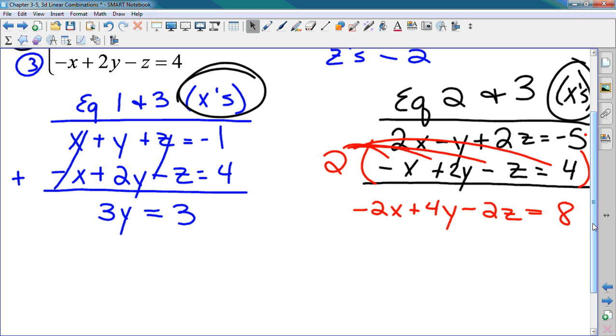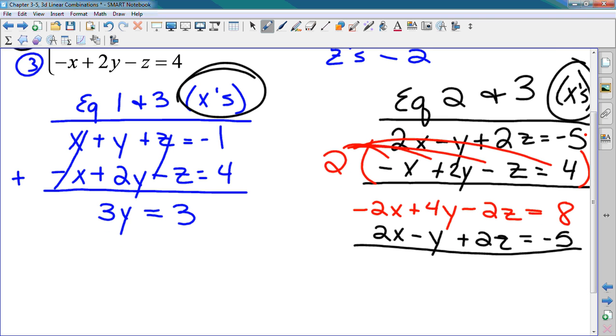Okay. So now I'm going to rewrite this equation since I have lines all over it, so that when I add it, I don't make a mistake. So I have 2x minus y plus 2z equals negative 5. I rewrote that so that when I add them, I can eliminate my x's without messing up.